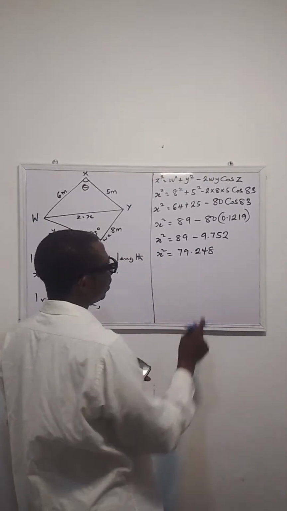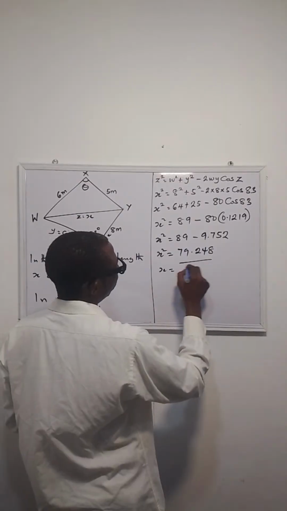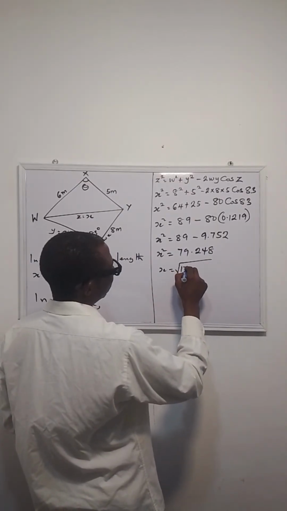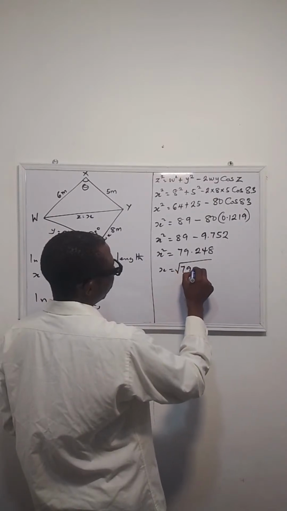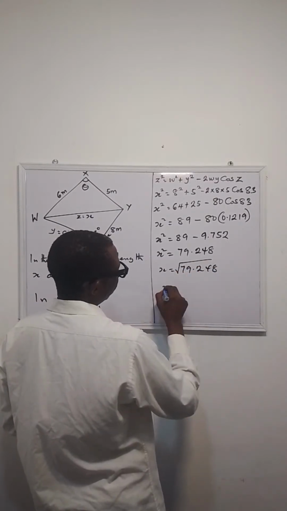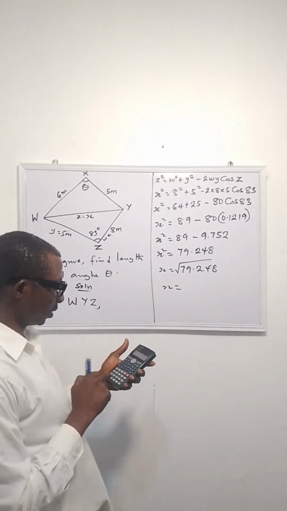So here you can take the square root of both sides. You have x equals the square root of 79.248. So when you do that, what do you have?